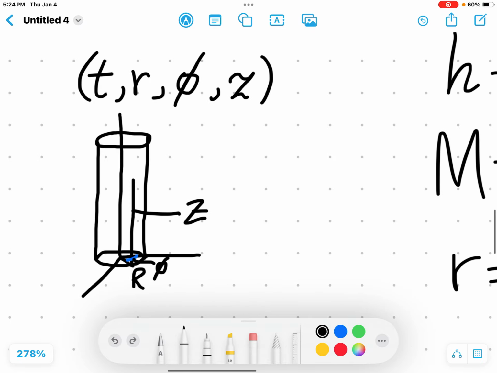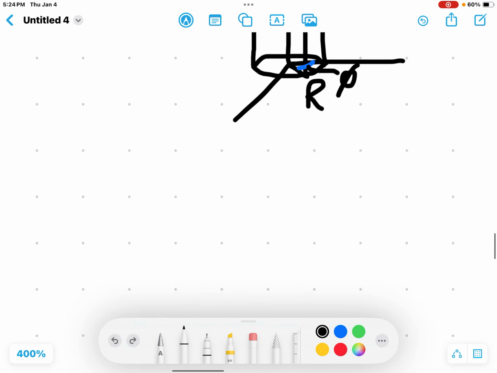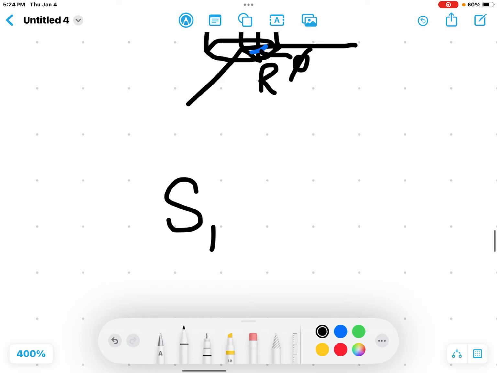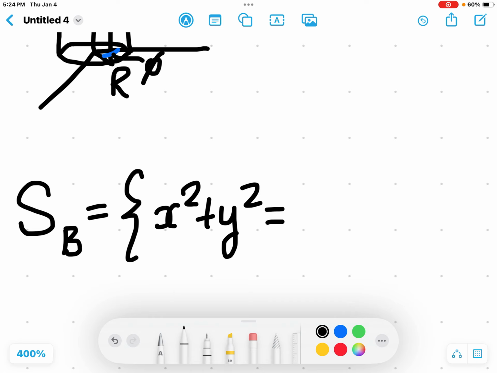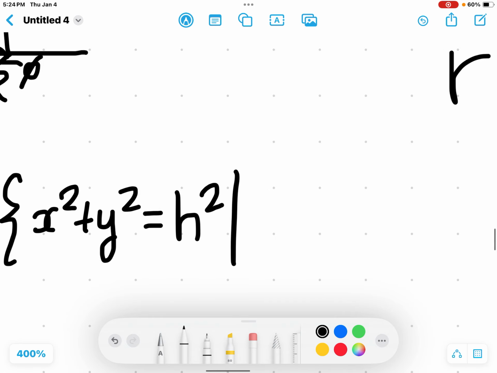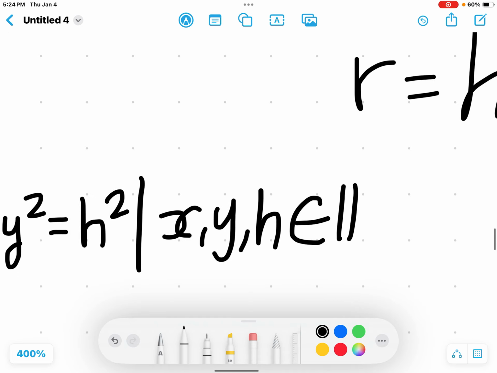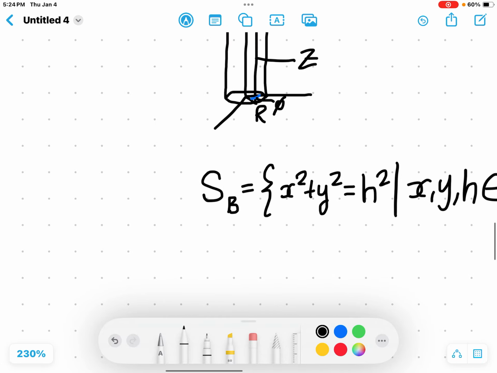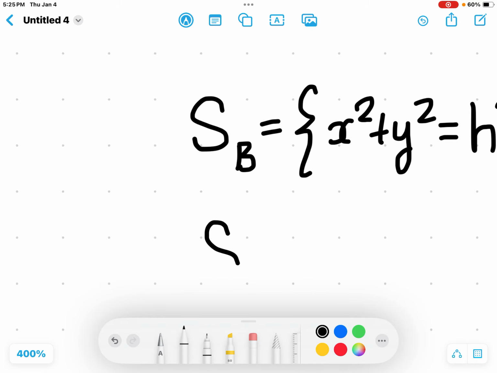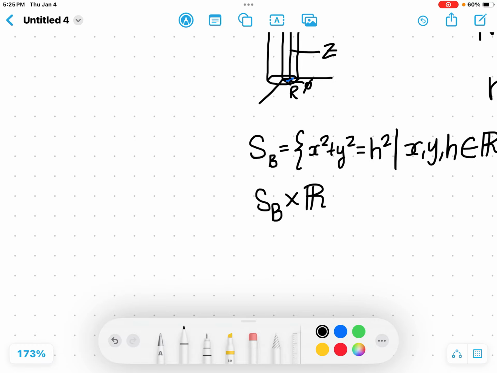So if my base circle S_B is the set of all x, y with x squared plus y squared equals h squared, such that x, y, and h are in the reals, or some Lorentz invariant scalars, then what I'm doing now is multiplying S_B by R, or a Lorentz invariant scalar.